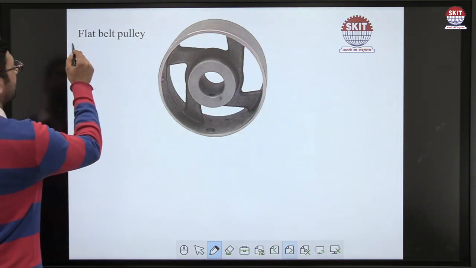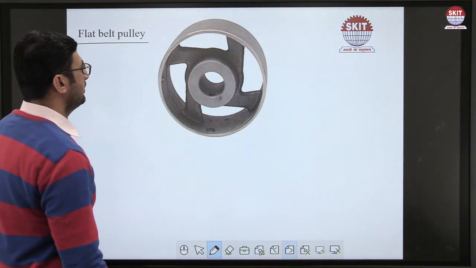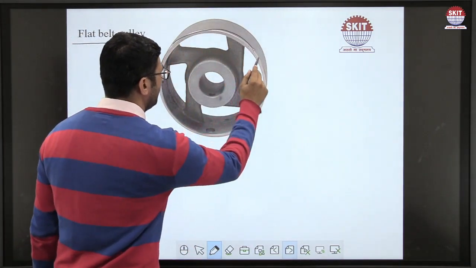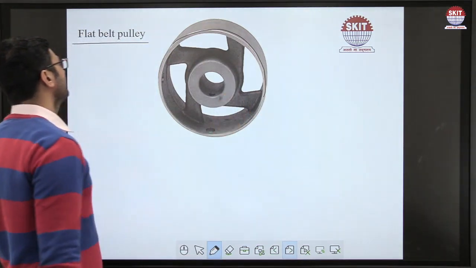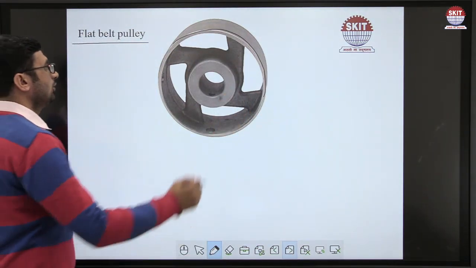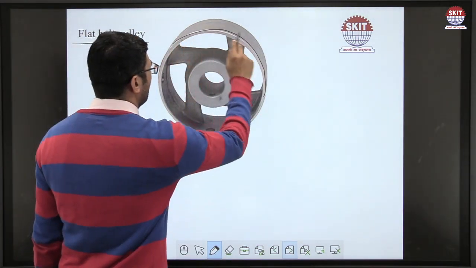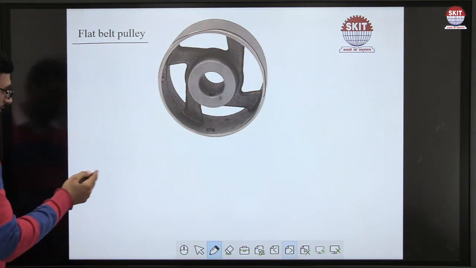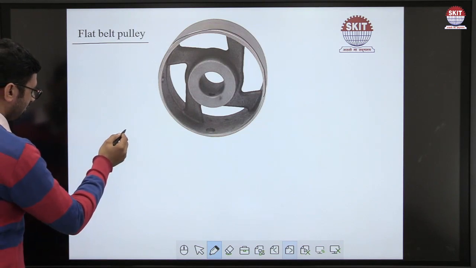Flat belt pulley. A pulley is a circular device whose outer surface is flat. It's called the flat belt pulley. We apply the belt on the outer surface of the pulley, and we draw this pulley in the diagram in circular shape.